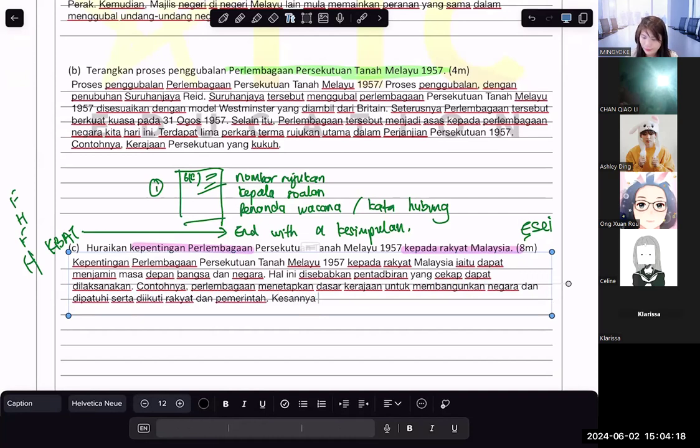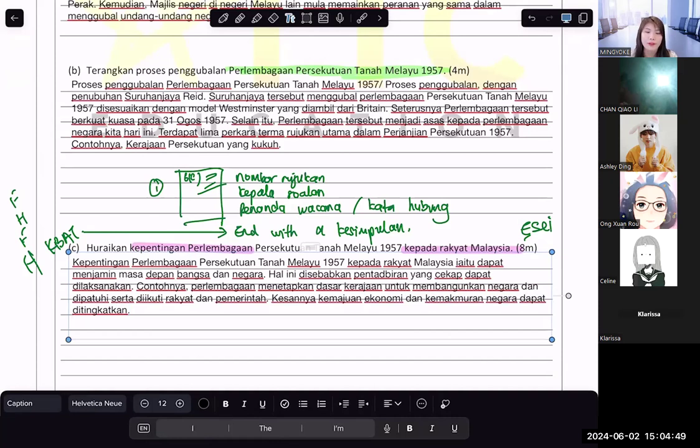Kesannya, kemajuan ekonomi dan kemakmuran negara dapat ditingkatkan. Like that. So you see: fakta, huraian, contoh, kesan.